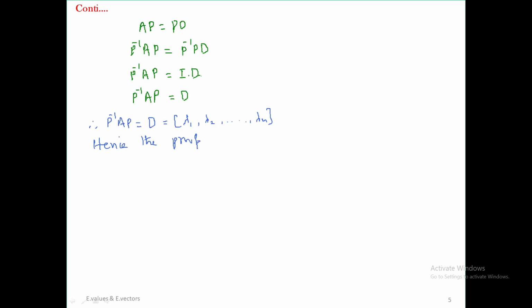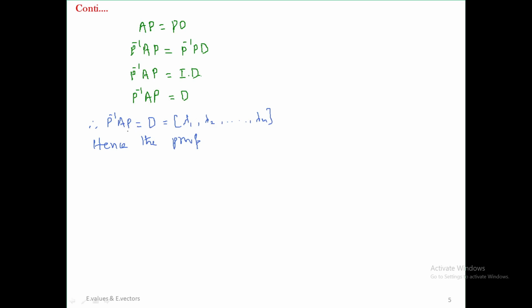Then we calculate the corresponding eigenvectors. If all the eigenvectors are linearly independent, then matrix P has as its first column the eigenvector for lambda 1, its second column the eigenvector for lambda 2, and so on. That is how we construct P.